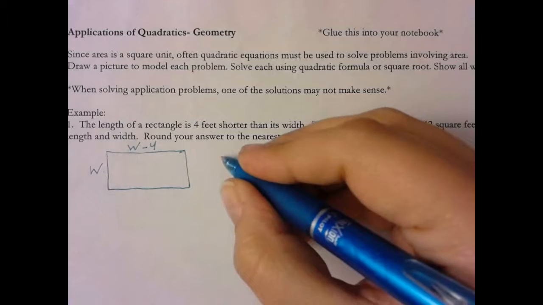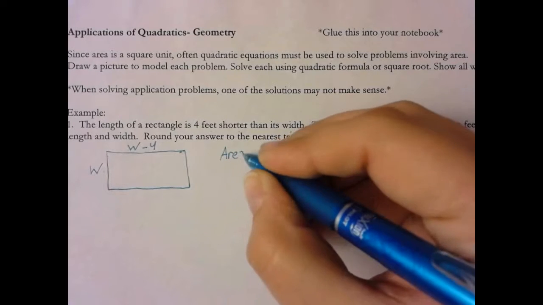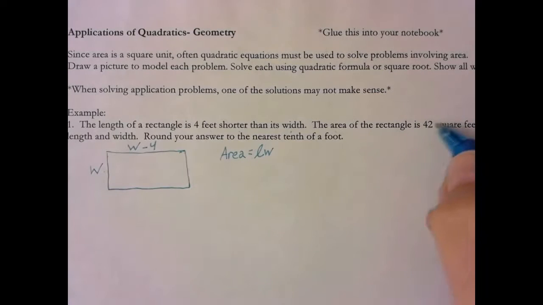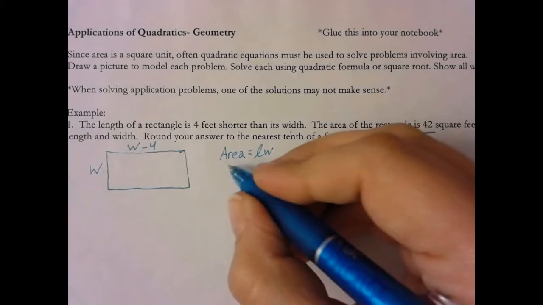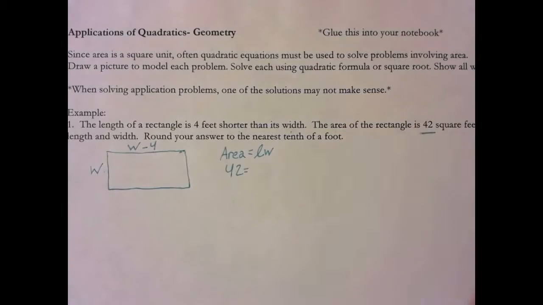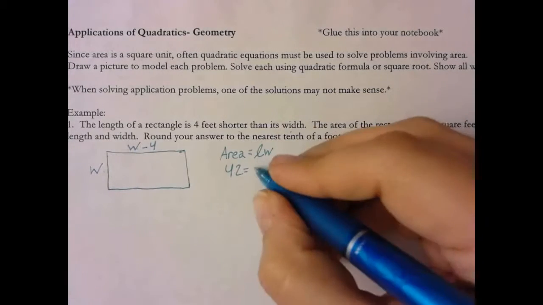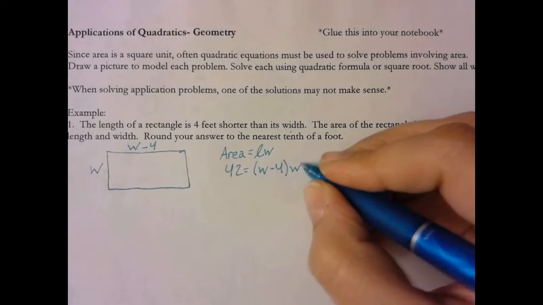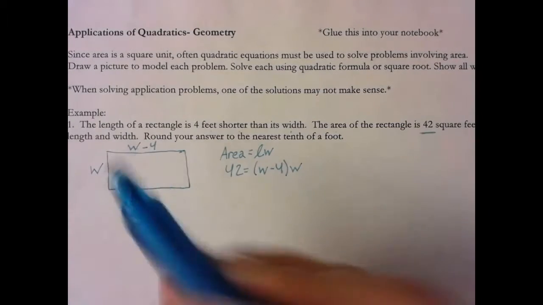Well, hopefully you remember the area of a rectangle is length times width. Well, we know area is 42. We have our length labeled W minus 4, and width is W. We want to find the length and width.